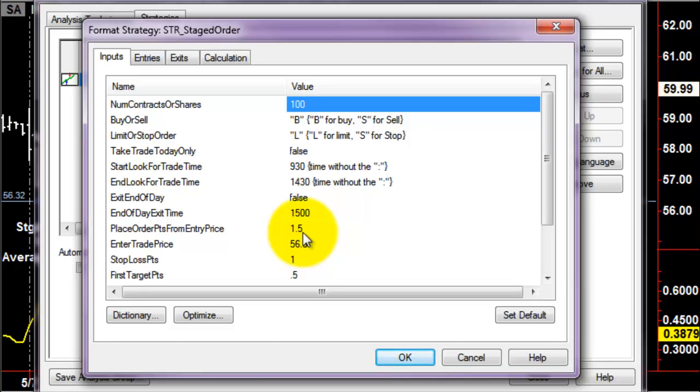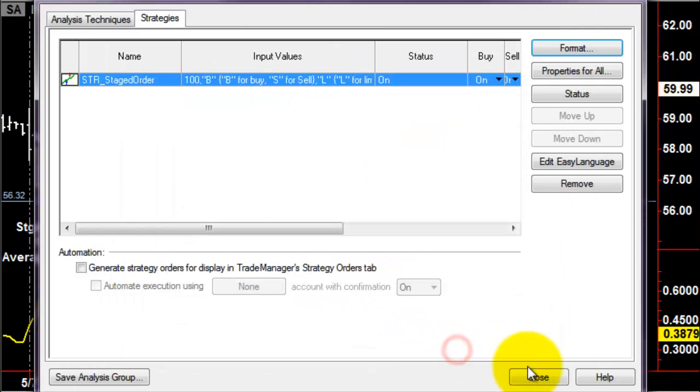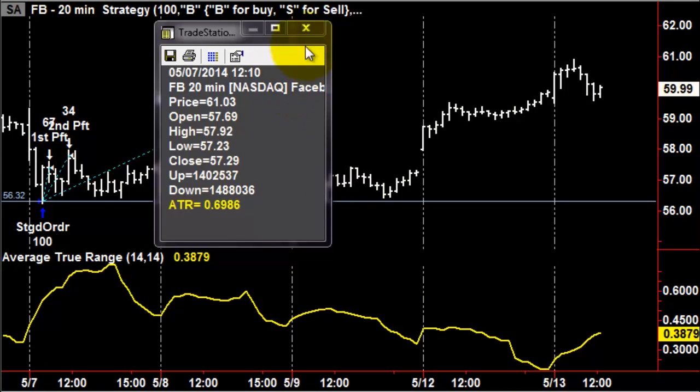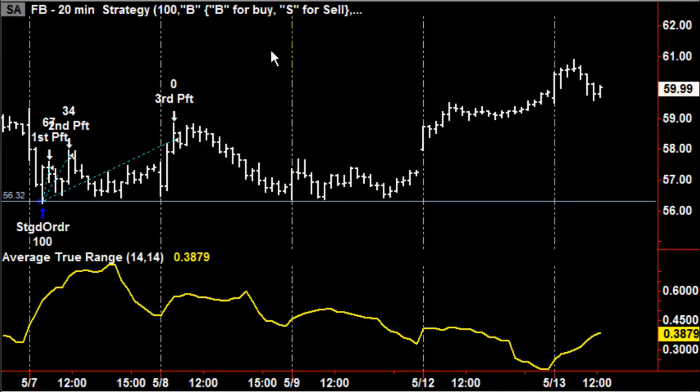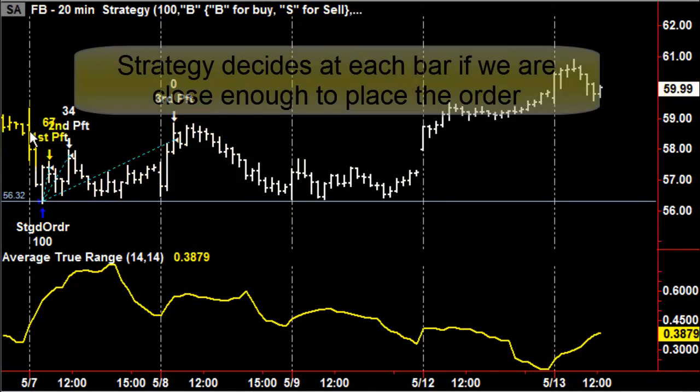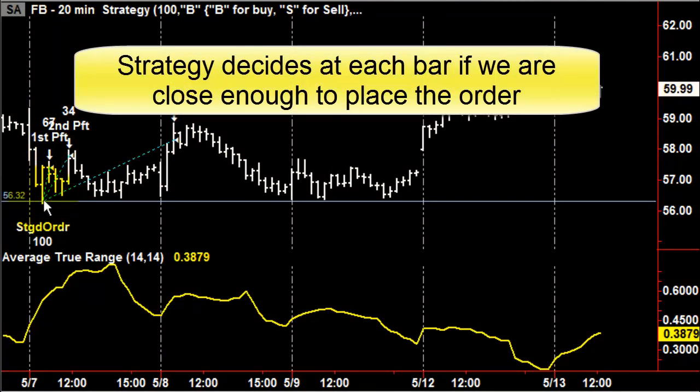Another point I want to make is if the price should come down, place your order but never get filled, go up, then come down close again: when it goes back up, the entry order will disappear. When it comes back down, the entry order will appear again.